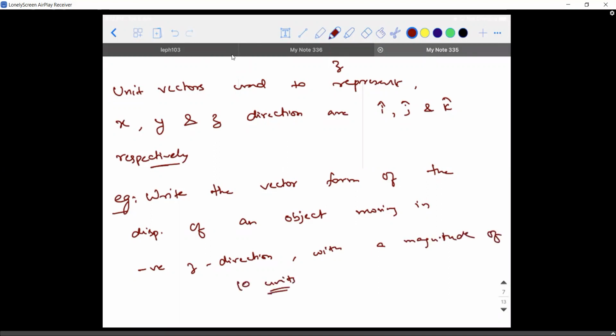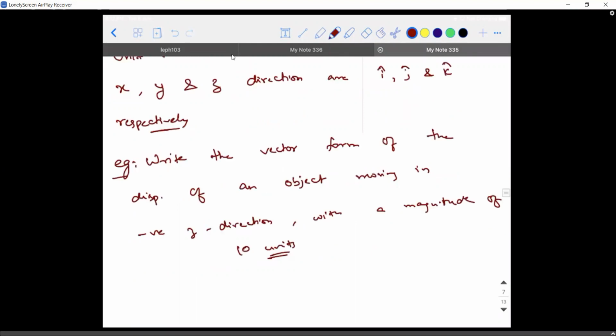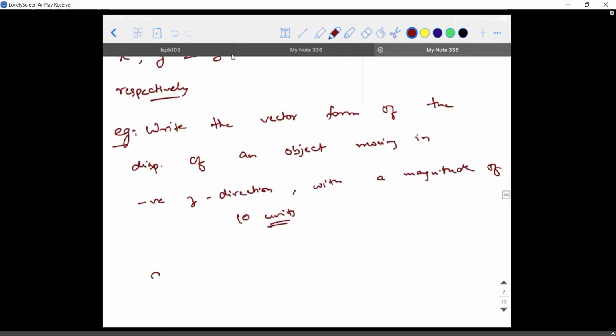So you have to write the vector form of a displacement. Generally, the symbol used for displacement is s. You will learn it. So s with a vector on top of it is equal to, who can tell me the answer?